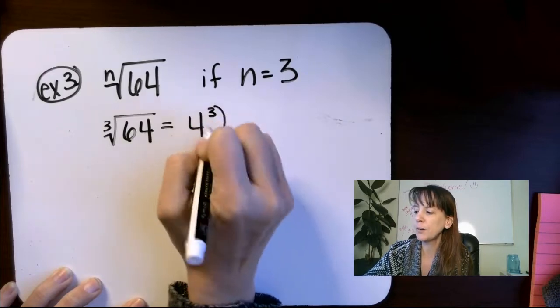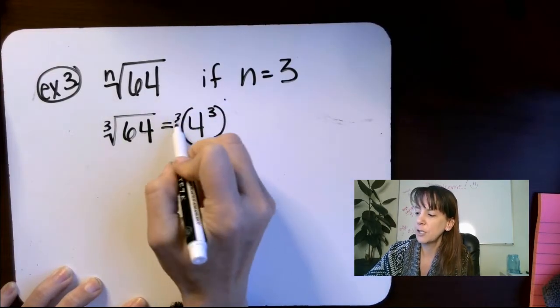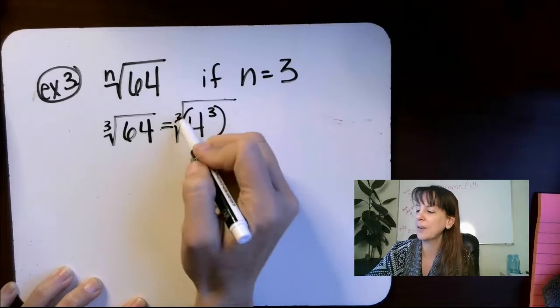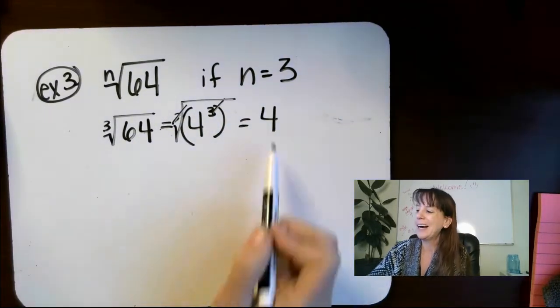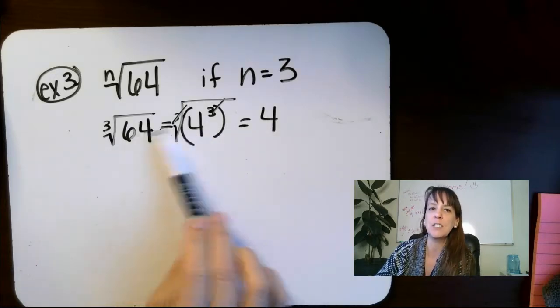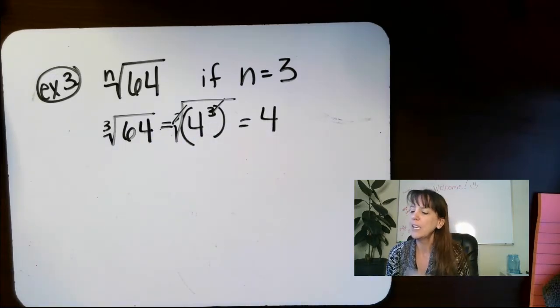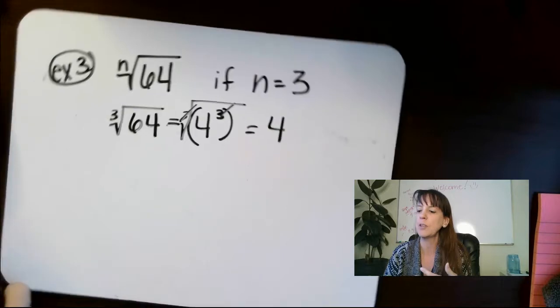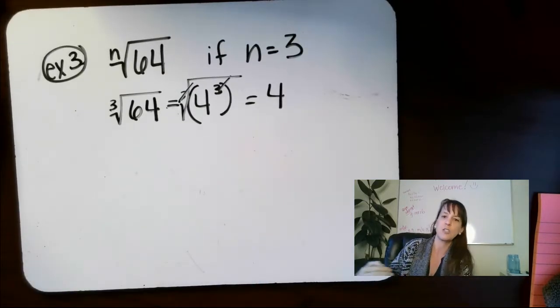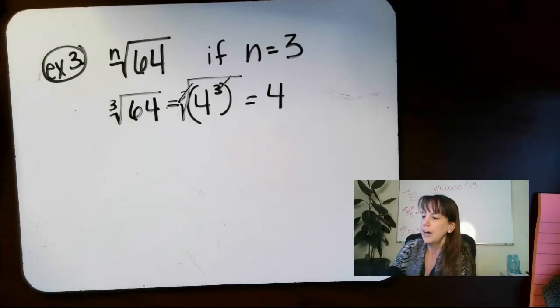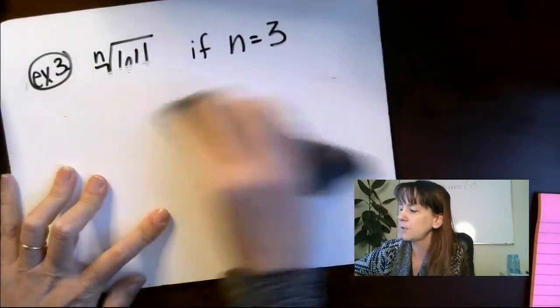We know 4 to the 3rd power gives us 64, so the cube root of 4 to the 3rd power, this cancels out with this, so that equals 4. I had somebody ask in class, how else can you do this, like on a calculator? There is a calculator button for these, but you need to memorize your perfect squares and your perfect cubes. That's why I'm saying get that cheat sheet together. I'll probably put it together for your final, just so you have something that you can use on your final.